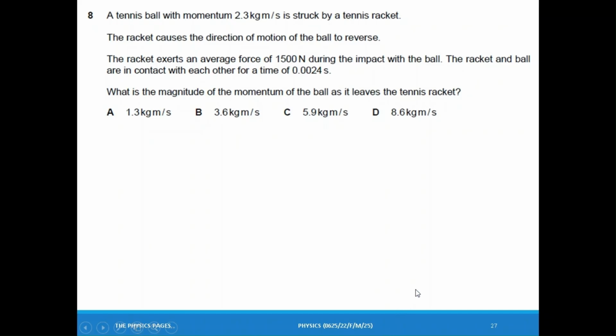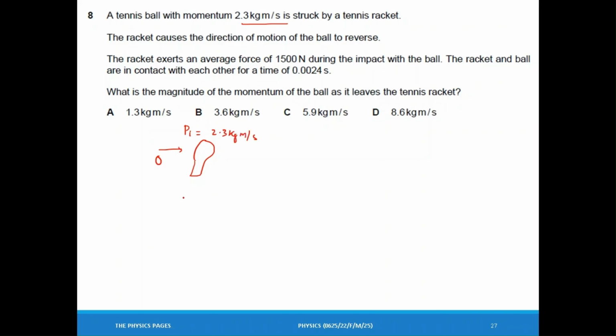Let us move to question number 8. We have a tennis ball with a momentum of 2.3 kilogram meter per second struck by a tennis racket. For example, this is the tennis racket and the ball is moving toward it, and when it is struck, its initial momentum is 2.3 kilogram meter per second.